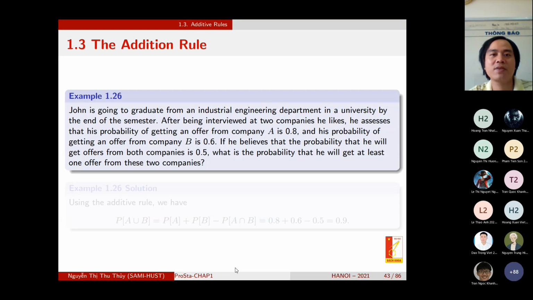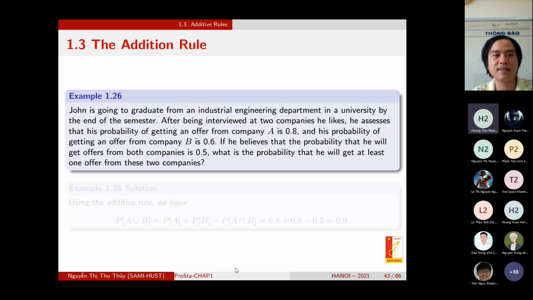And then we summarize the assumption and what we need to calculate. Who can help us to speak it out loud, please? Mr. Hoàng Trần Nhật Minh, can you?